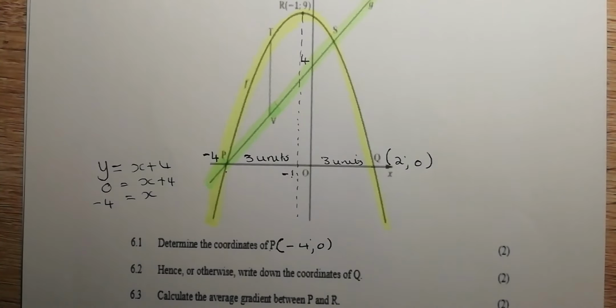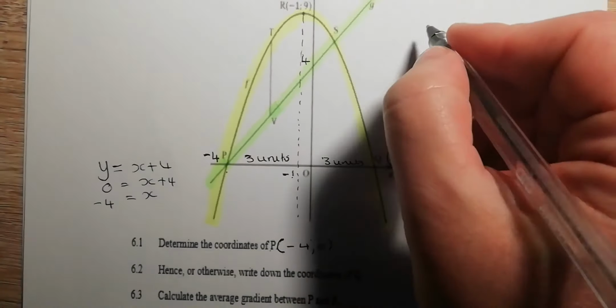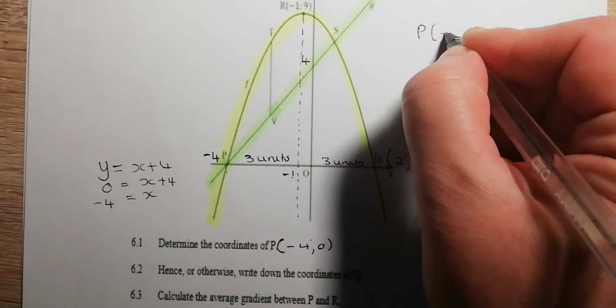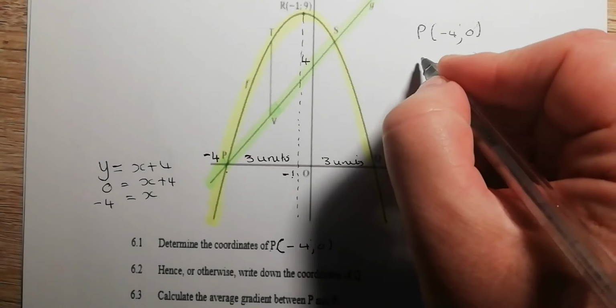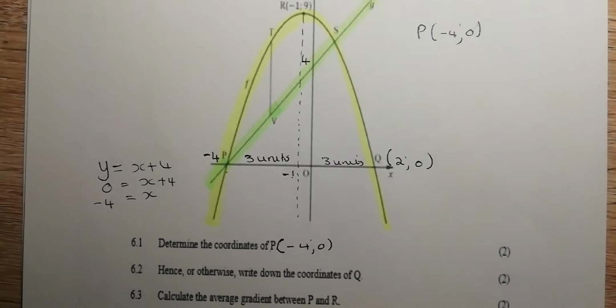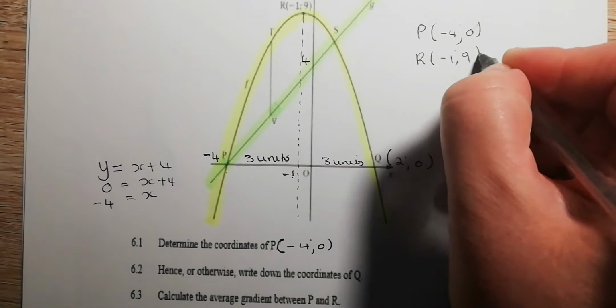Find the average gradient between 2 points. Now in the previous video, we have spoken about the average gradient between 2 points, and the points that they are talking about are P and R. So my coordinate for P is -4 and 0, and my coordinate for R is -1 and 9.